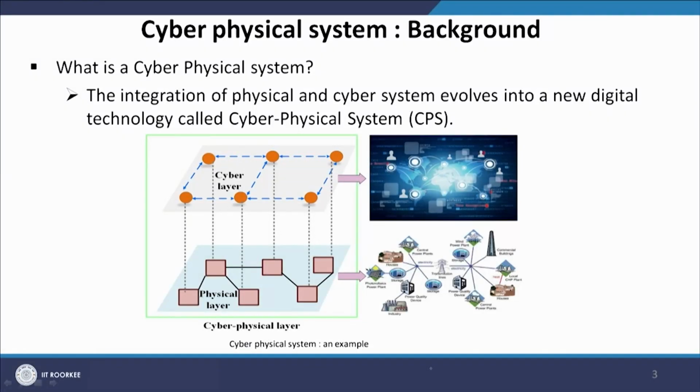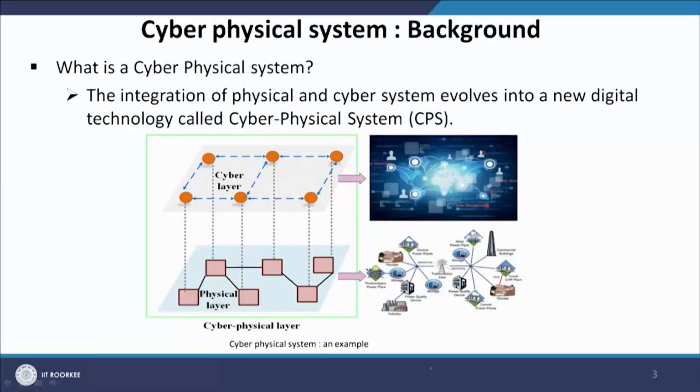You have a physical system, which could be your generators, transmission lines, transmission towers, everything which is physical, and on top of that there is a cyber system, and those communicate with each other to make this physical system more effective.